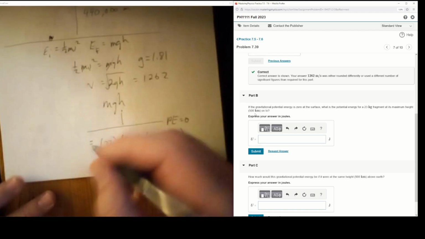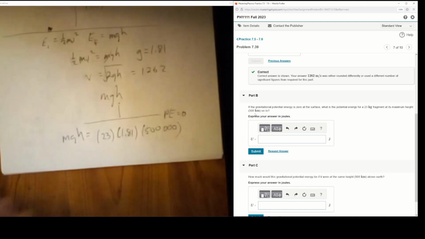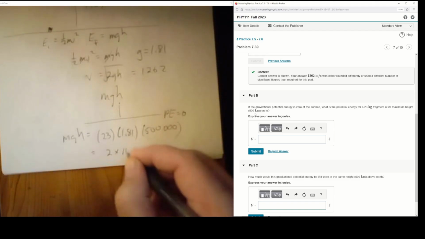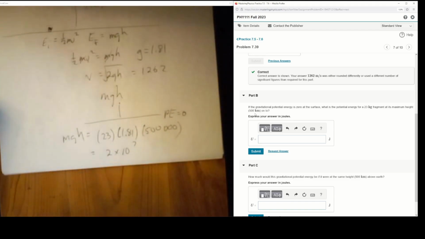So again, this is mgh, which is what I just did. I am just going to shorthand that. So that is 2 times 10 to the 7th. That's 2 and 1, 2, 3, 4, 5, 6, 7.